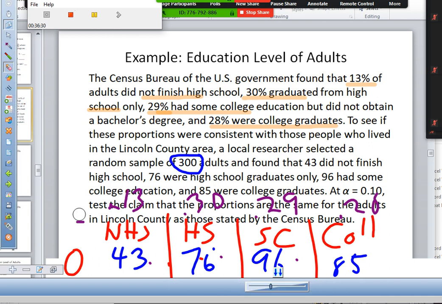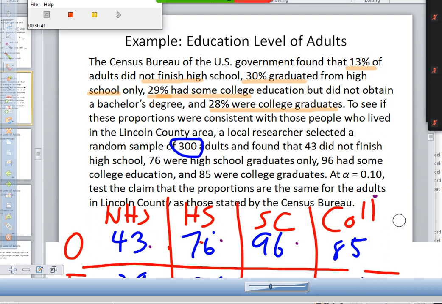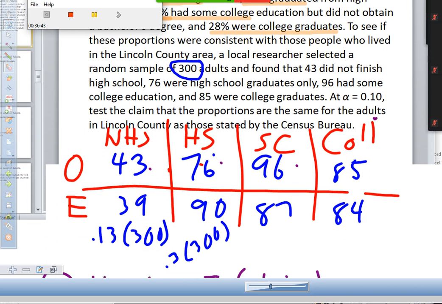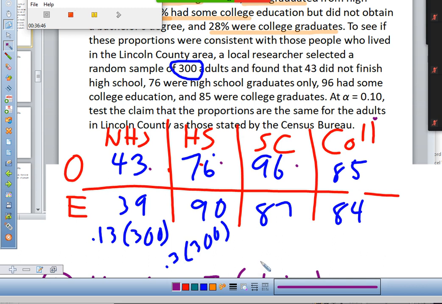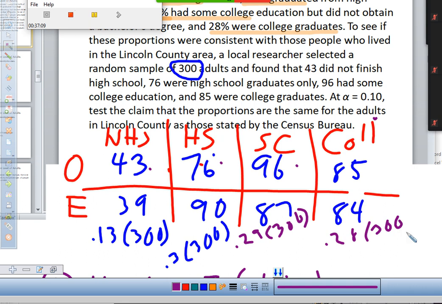So what I need to do is find 13% of 300, 30% of 300, 29% of 300. Of again means multiply. So 13% times 300 is 39, 30% times 300 is 90, 29% times 300 is 87, and 28% times 300 is 84 people.